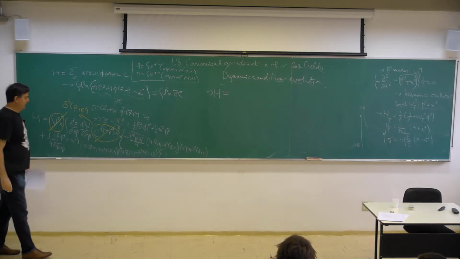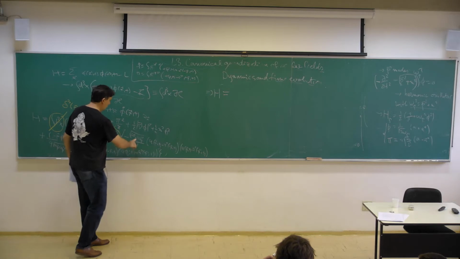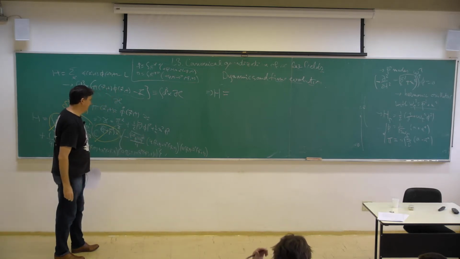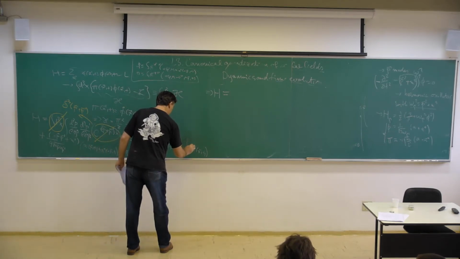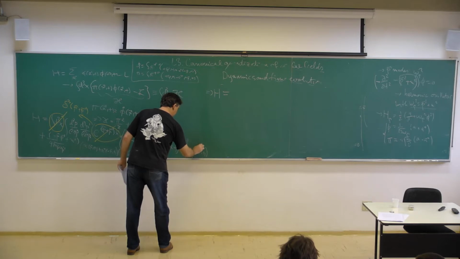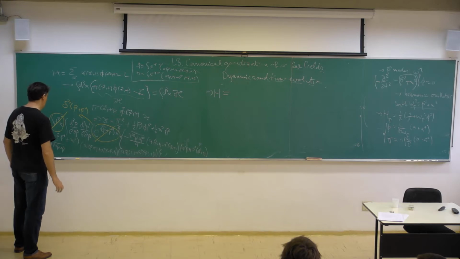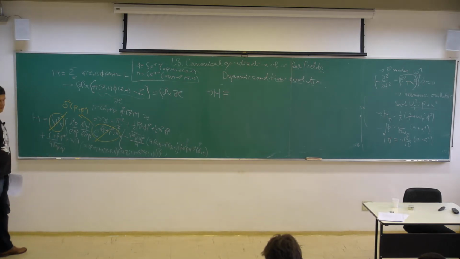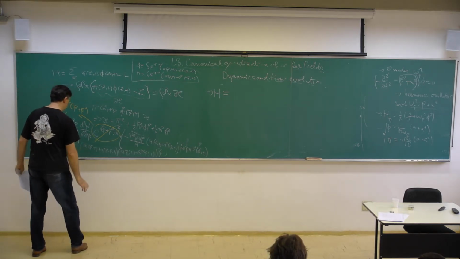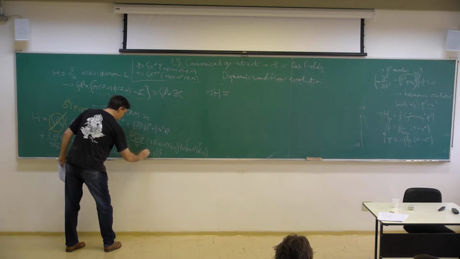So p prime is equal to minus p. In here it doesn't make any difference. In here it does, so this is now minus p, and this is now p. And here I get plus p squared. And here I get minus p. Here I get plus p.